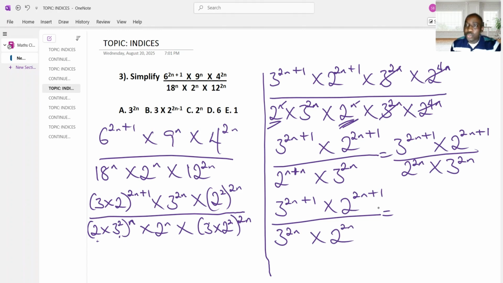Now we are going to use the law of indices. Division in the law of indices changes to what? Minus. When you combine the two bases together, you use only one base, like this one that has 2. If you want to join them together, like division, you use minus. And this one as well. The first thing I'm going to do is join these two together.